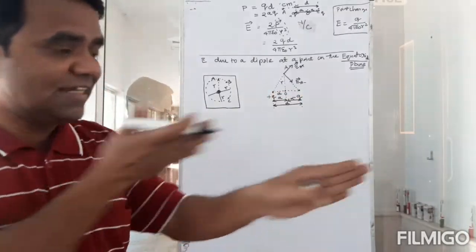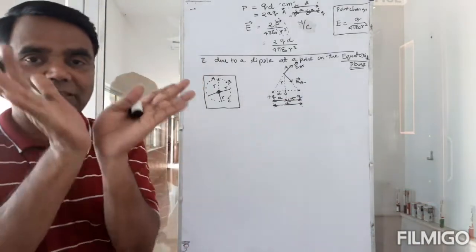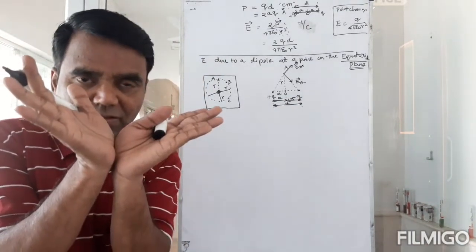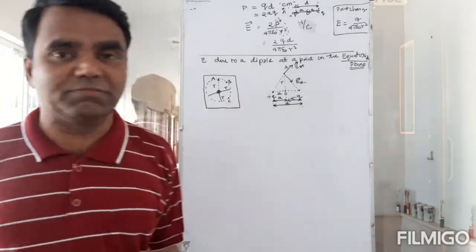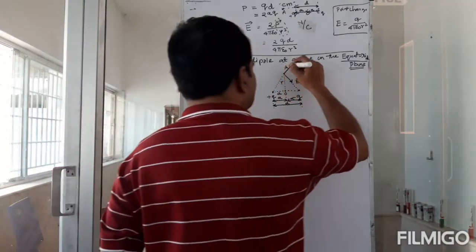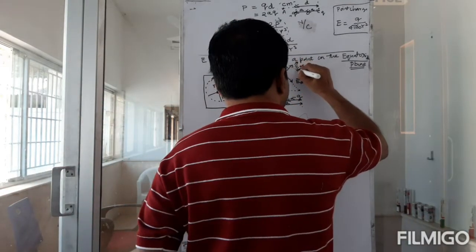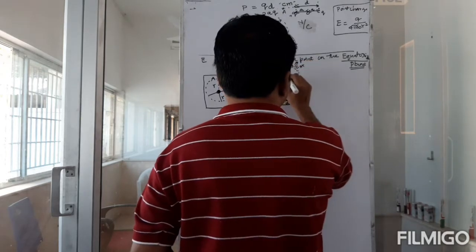Notice they are not in the same direction, not along the same line. I cannot simply add or subtract. I need to go for a vectorial addition. So the resultant would be something like this.